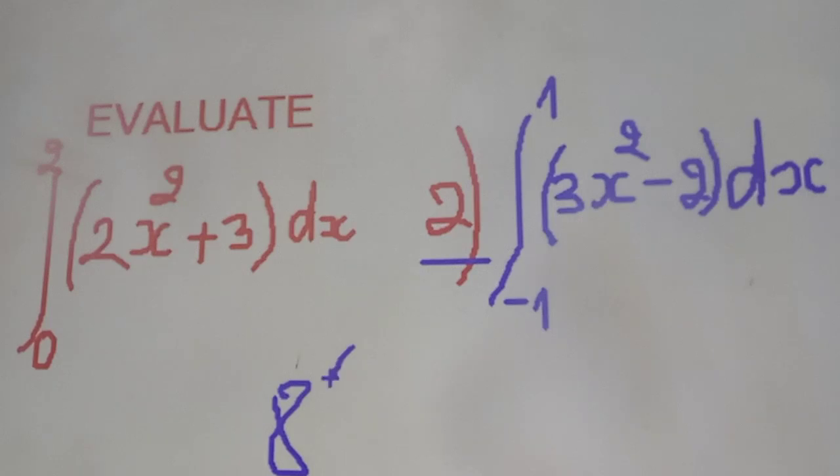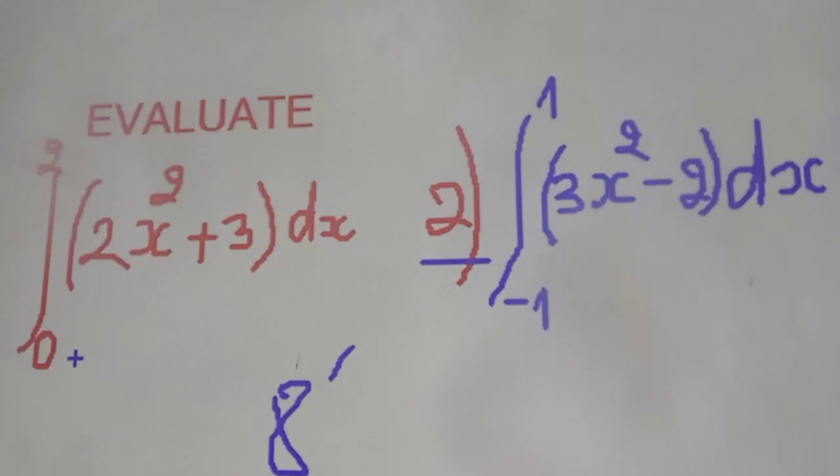Before explaining what it means algebraically or geometrically, those are two examples of definite integrals I showed you how to evaluate. We integrate as usual, then we replace the boundaries from the upper boundary to the lower boundary, then we make a difference.